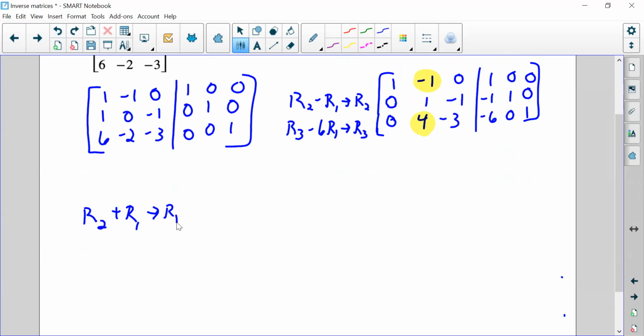And then nothing for row 2, and then I'm going to take -4 times row 2 plus my row 3 to get my new row 3.